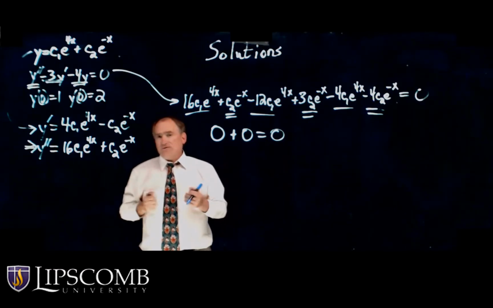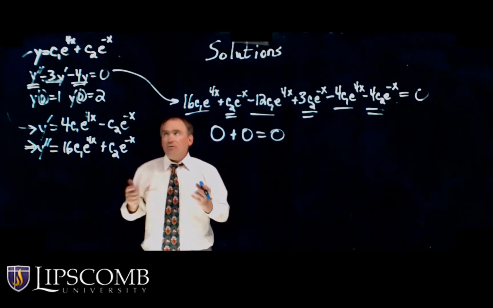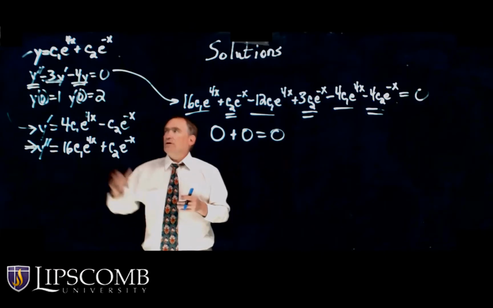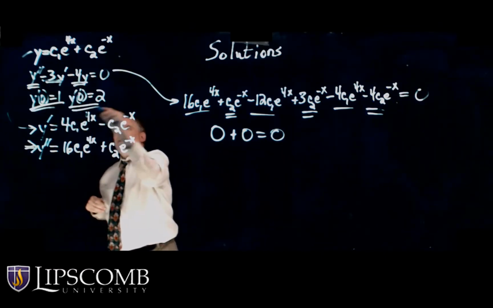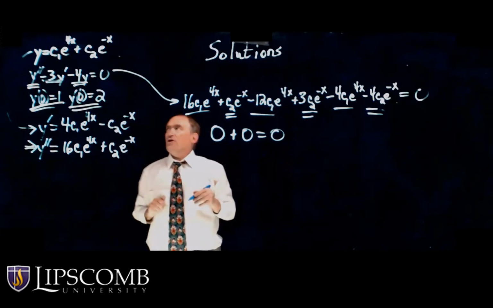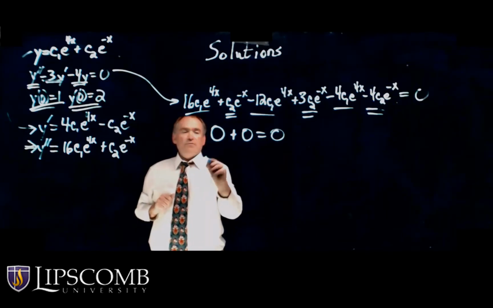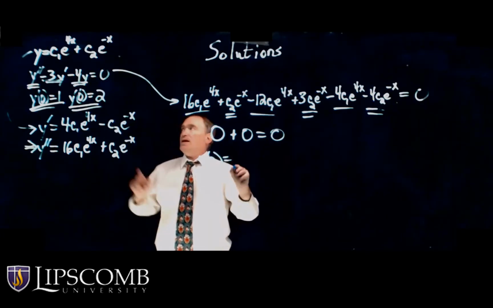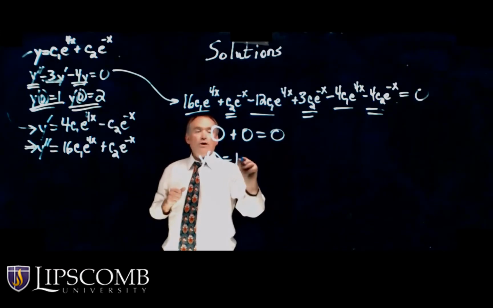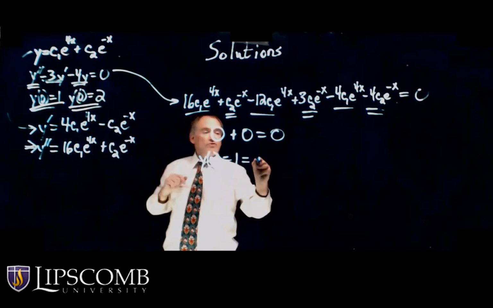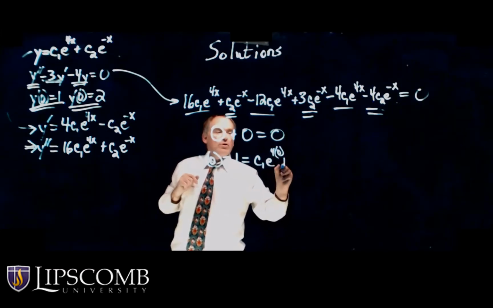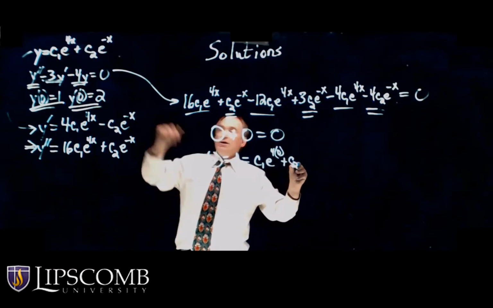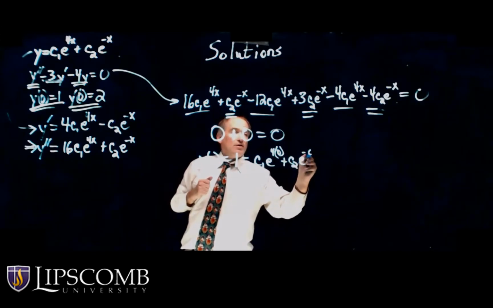Now I'm back to square one again. How do I solve for C1 and C2? Well, let's just use the initial conditions in here to solve. So y of 0 equals 1, but it also equals C1 e to the 4 times 0 plus C2 e to the negative 0.